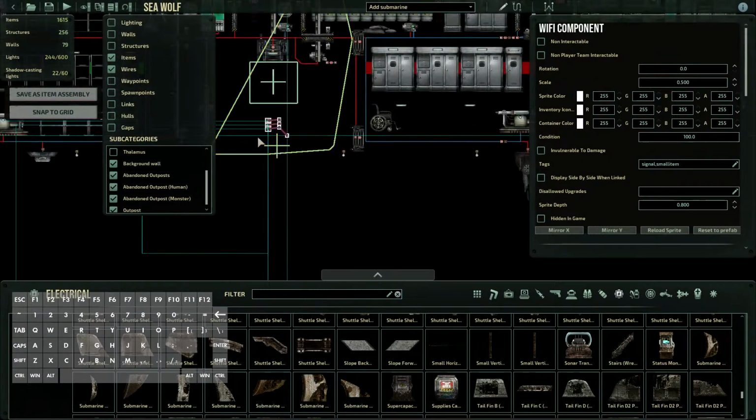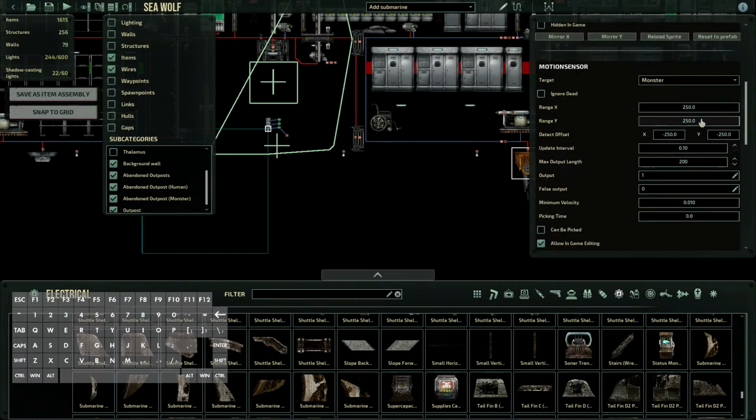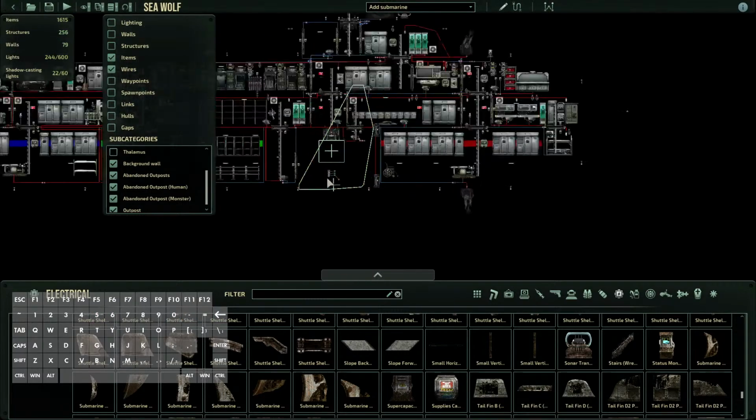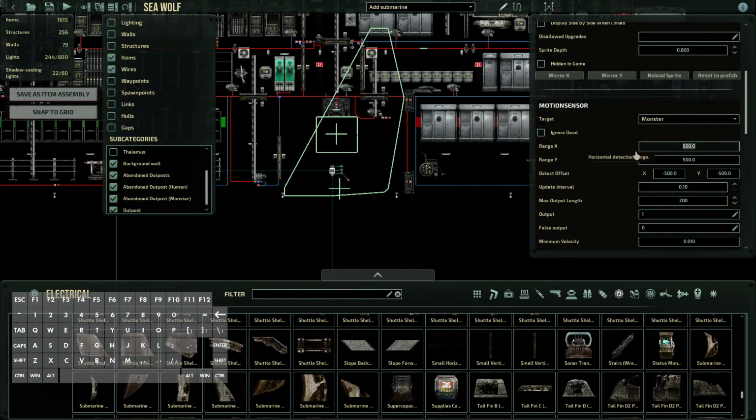Okay, so we're going to change this one to range X 750, range Y 250, detection offset 650. I'm really just spitballing this off the top of my head, so say 750, range Y 500, and negative 650.